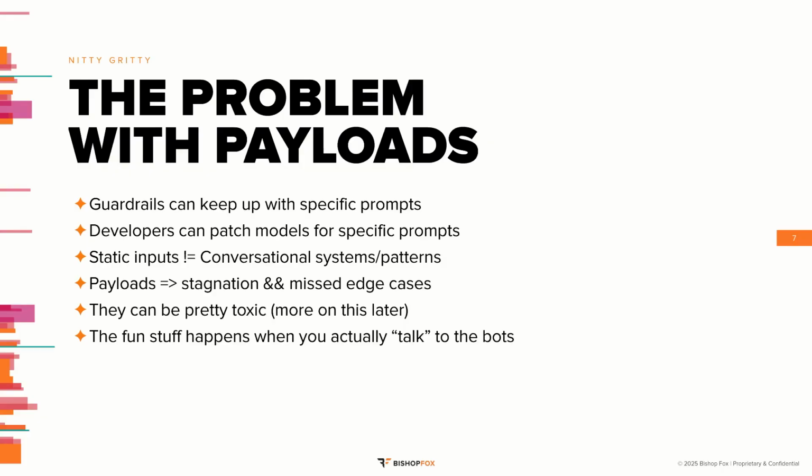The actual developers of the models can go in and adjust them so that they don't respond to the specific prompts, or they respond in a different way. As a result, these static inputs just don't have the same weight and value in terms of testing as a conversational system or pattern. As a result, these payloads lead to stagnation and missed edge cases with AI testing.